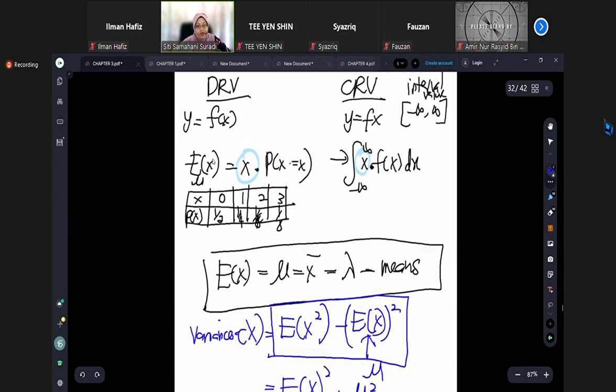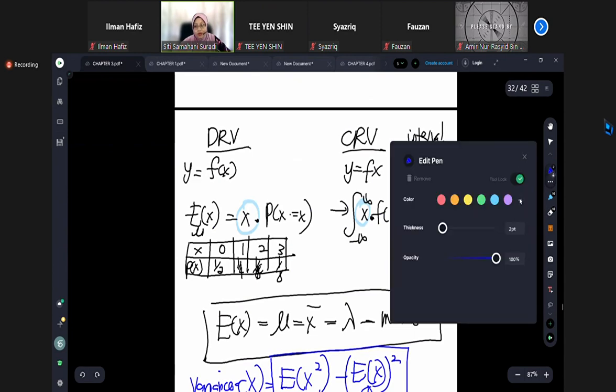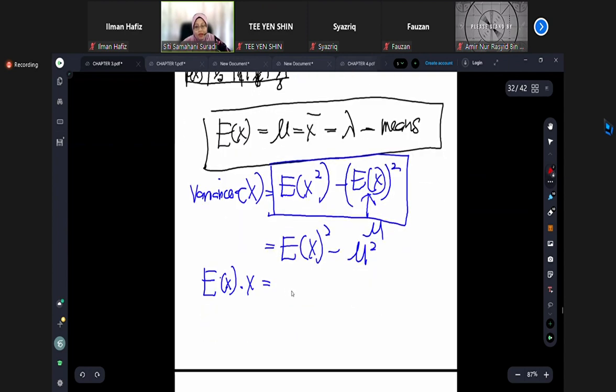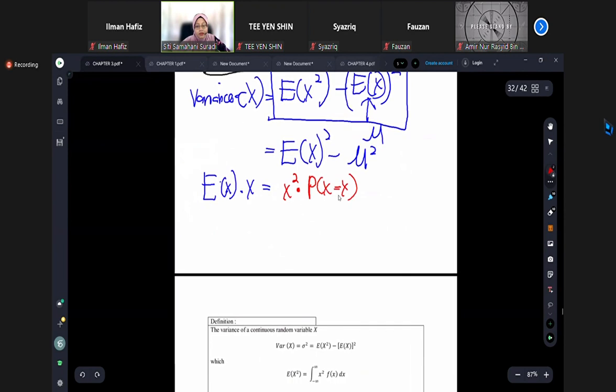Actually, for DRV, of course you need the variance. That means X power of 2 multiplied with P(X equal to x), the probability of X. While for CRV, this one is the integration of X power of 2, from negative infinity to infinity, f(x) dx.